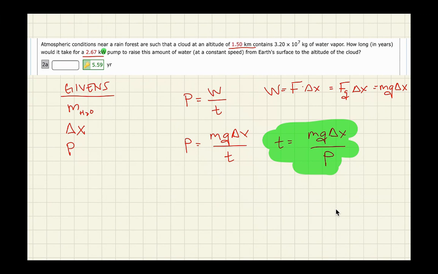So that's 1,000 joules per second. So if you're going to combine units here, you need to use kilograms, and g is going to be in meters per second squared. Delta x needs to be in meters. Power is going to give you an answer in terms of seconds that you'll have to convert back into years at the end.